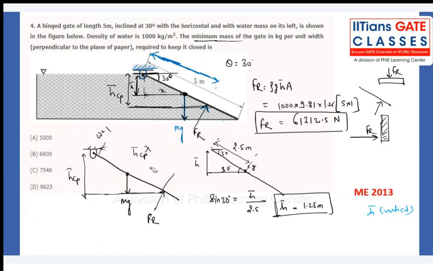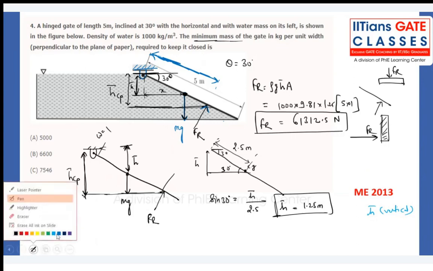So please make sure that h bar cp will be the vertical distance from the free surface to the point of action of load, where exactly the hydrostatic force will be acting on a plate. H bar is nothing but, my dear friend, the vertical centroidal distance of the plate from the free surface. Remember, vertical centroidal distance. Getting my point?